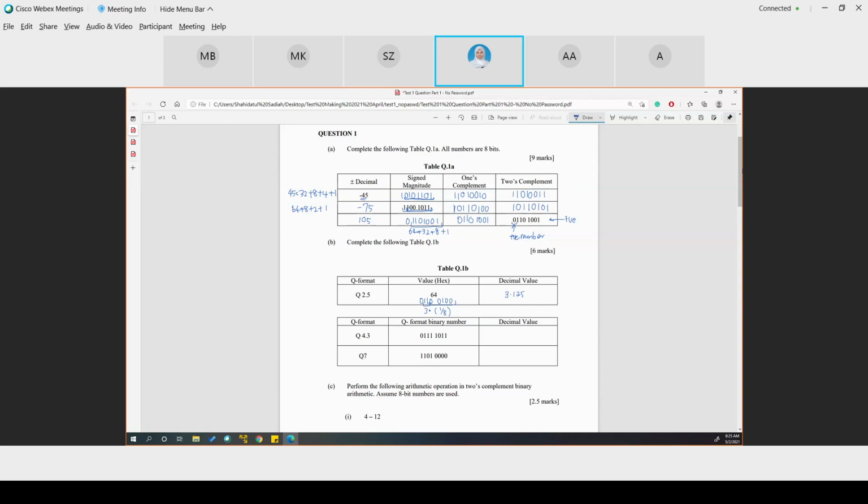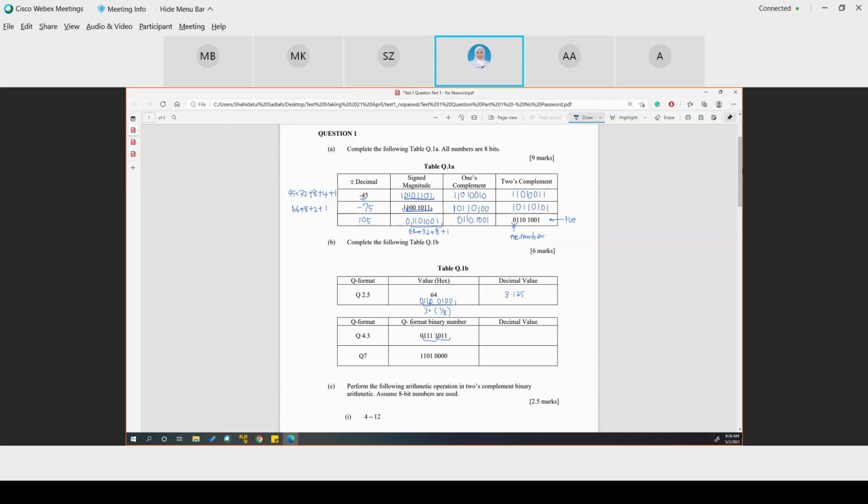All right. Next is this question, Q43. It is also a positive number because the sign bit is positive, and we divide it into 4 and 3.